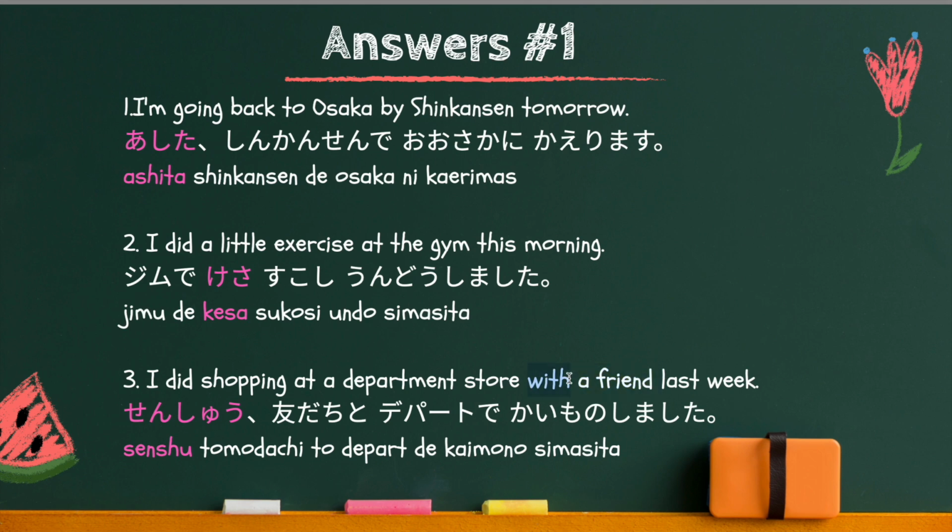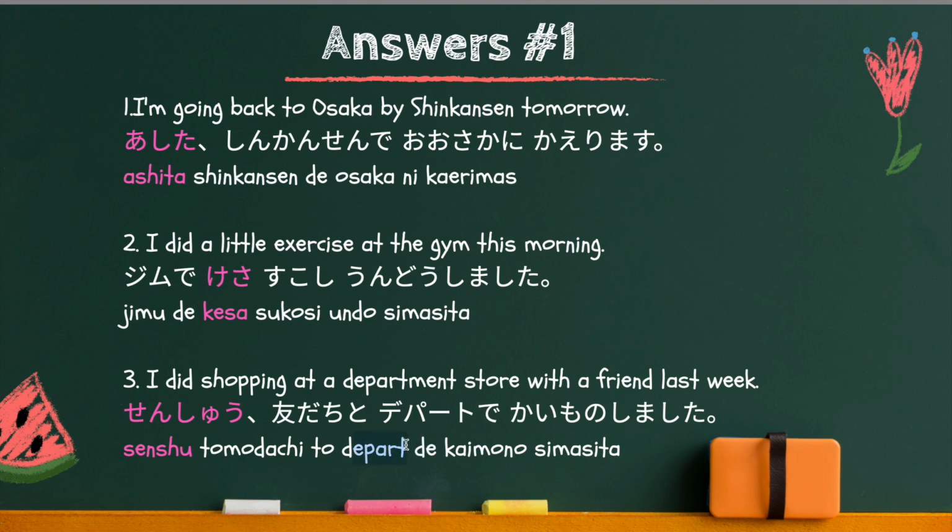So "with" is the to particle. So put the to particle after friend, 友達. And at a department store, this is where the action of shopping took place. Place of action. Therefore, you need to have the de particle after the place, depaato.